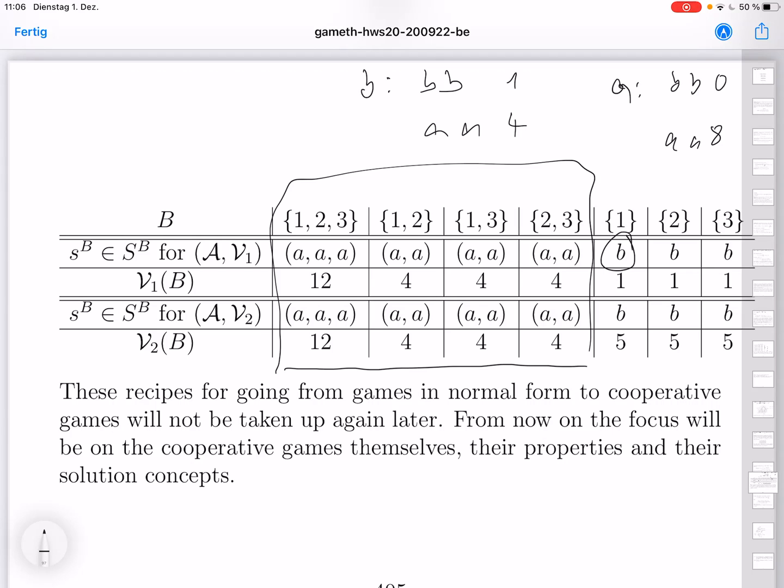So here they get 4 and he gets 5, and they get here 8 and he gets 4. So also in the second game, it's better for him to choose B, because then he will get 5 if the others choose AA, whereas if he chooses A, he will get only 4 if the others choose AA. So also in the second game, the choice B is better, but now his utility or his collision value is bigger, it's 5, because the others react then with AA, not with BB.